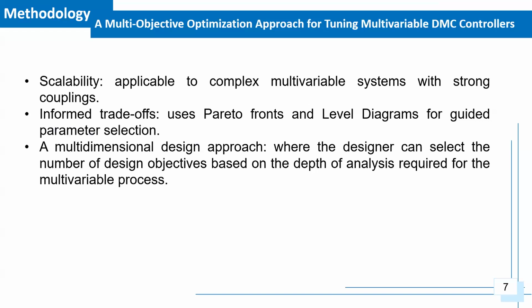Second, informed trade-offs: it uses the Pareto front and level diagram to guide parameter selection. Third, a multidimensional design approach where the designer can select the number of design objectives based on the depth of analysis required for the multivariable process.